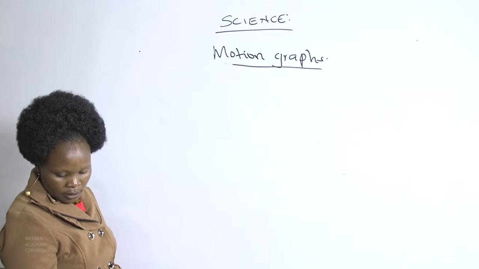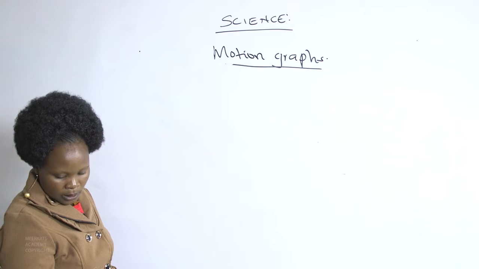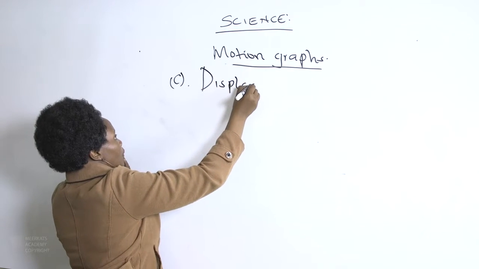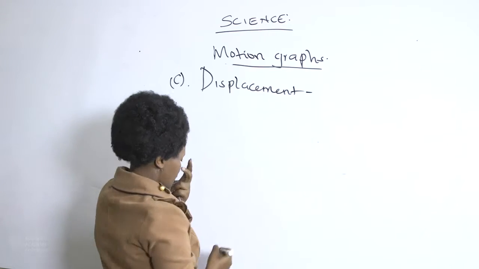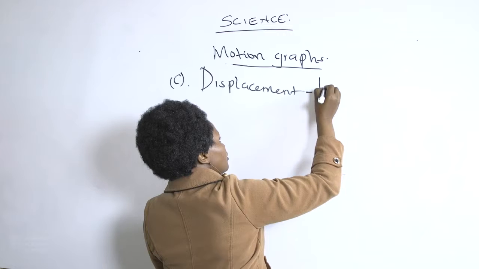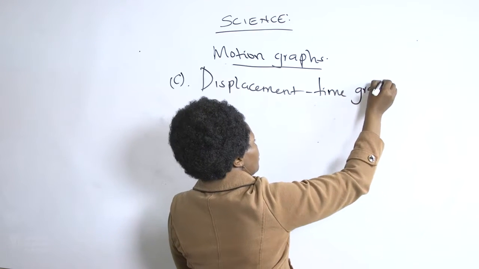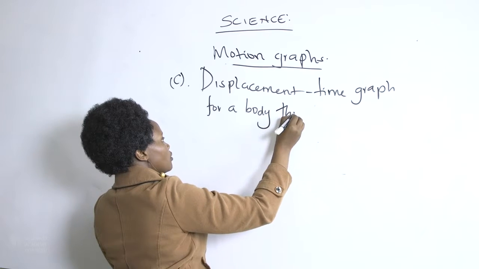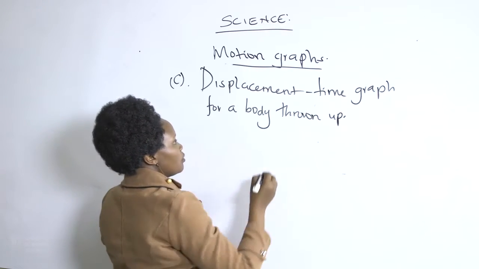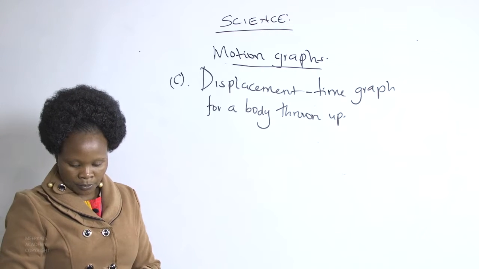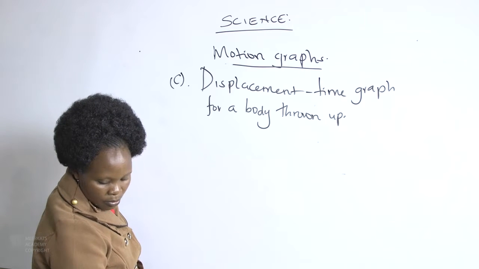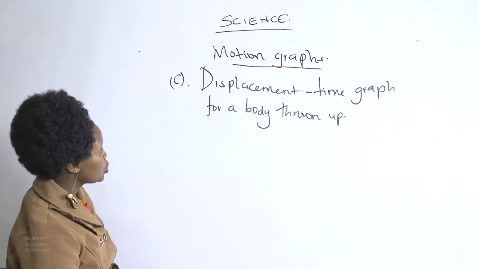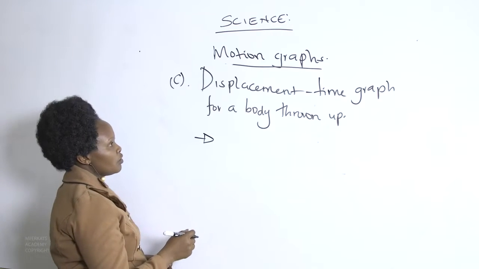We'll also look at part C. Displacement time graph for a body thrown up, and the displacement follows vertically.